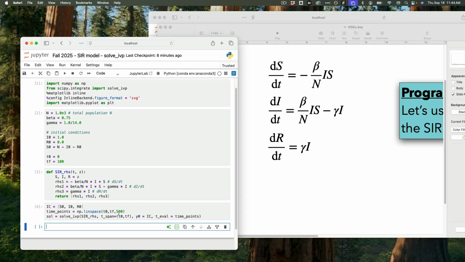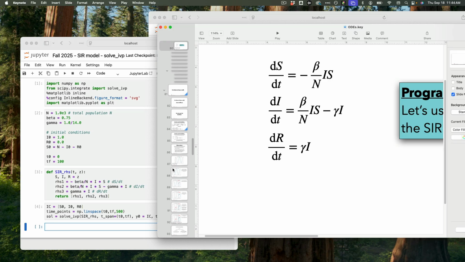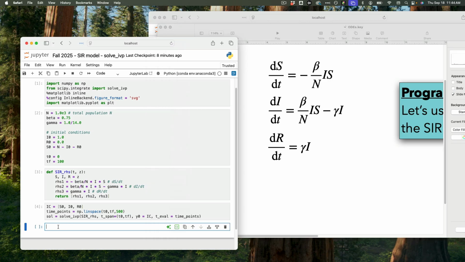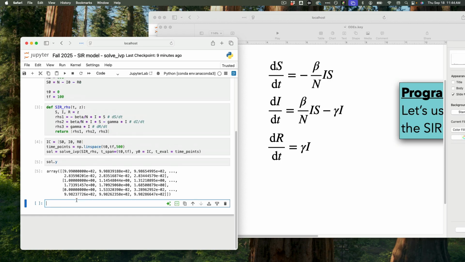Good. Okay, so now I just want to plot. I want to plot S, I, and R all on the same plot. So if you look at sol.y, it's going to be a huge array of arrays. When you see two brackets, you know there's an outer array and a bunch of inner arrays.